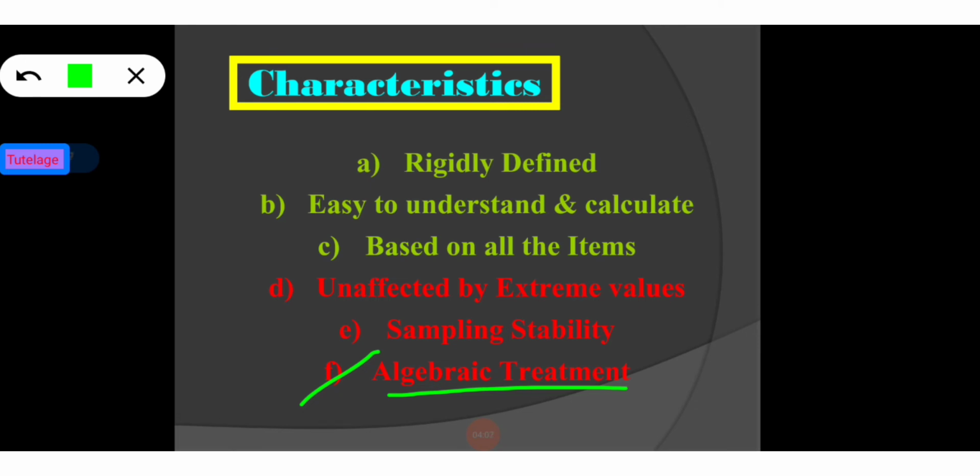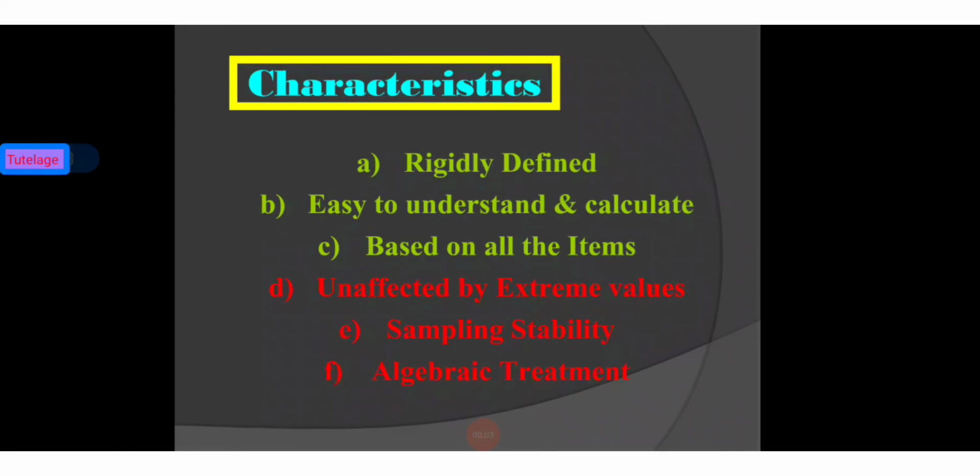This is also one of the most important characteristics of measures of dispersion. And we have already said the measure should be easy to calculate, which is also an important characteristic. I think the characteristics of a good measure of dispersion are clear to everyone.